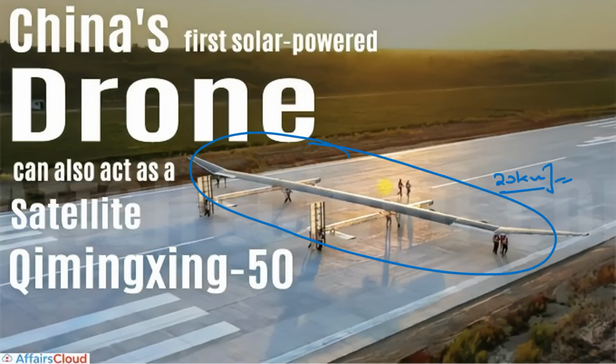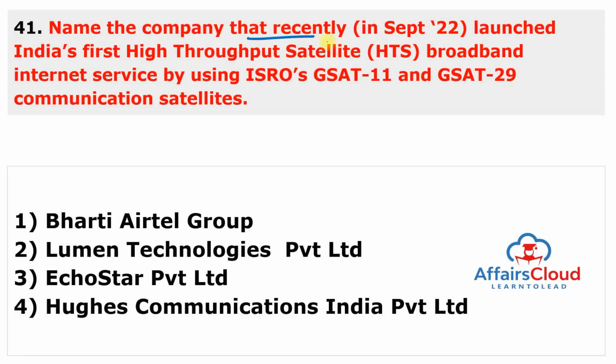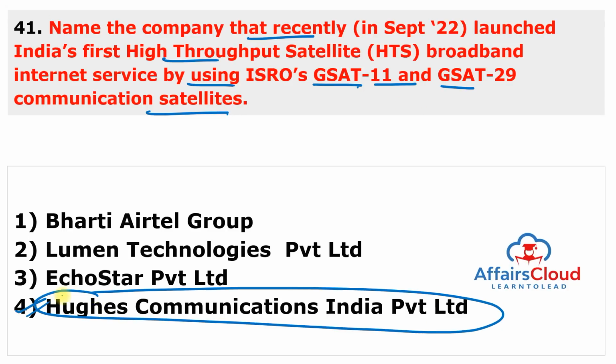Moving to the next question. Name the company that recently launched India's first high throughput satellite HTS broadband internet service using the ISRO geosynchronous satellite GSAT 11 and GSAT 29 communication satellite. This company is Hughes Communications India Private Limited. So the answer of this question is 4. Remember, Hughes Communications India Private Limited launched India's first high throughput satellite broadband internet service to provide high speed satellite internet across India, including in remote areas.